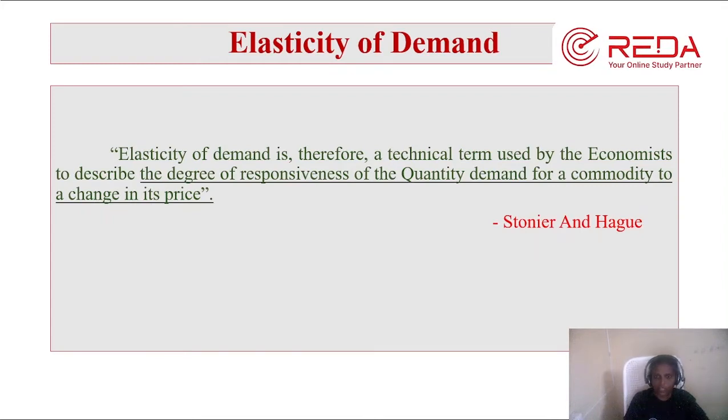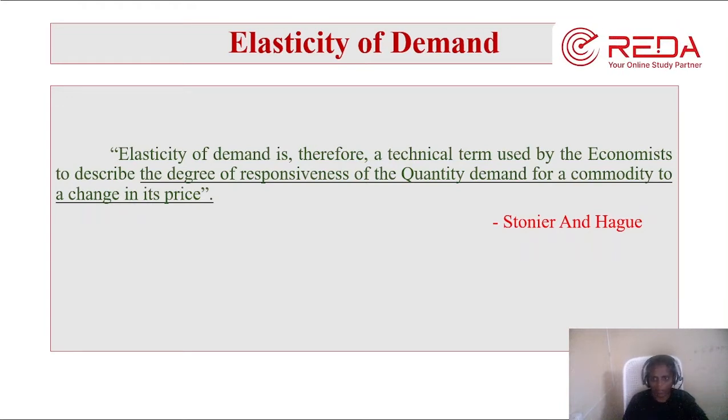So this shift in the demand curve from left to right, we call it elasticity. How far is it elastic? For example, when you chew a bubble gum and pull it out, you will have that elasticity.